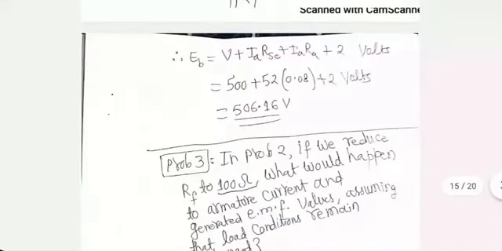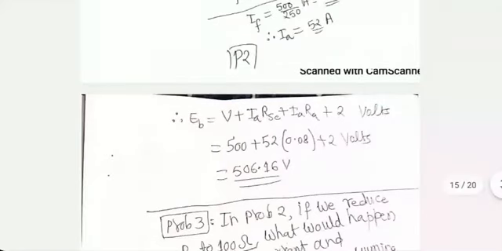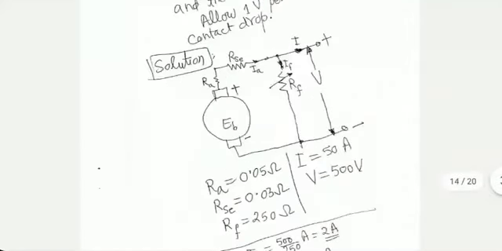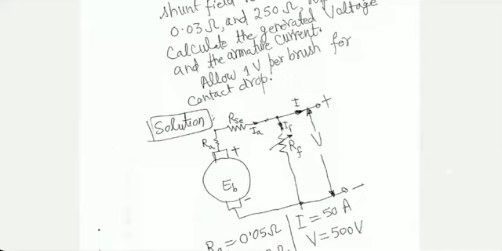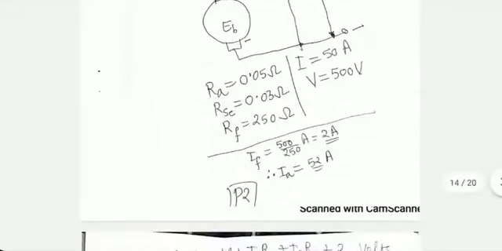EB now would be V plus IA into RSE plus 2 volts. Oh, sorry, plus IA into RA also. It's Kirchhoff's voltage law that you try to apply carefully. So this is the equation for EB in this case.